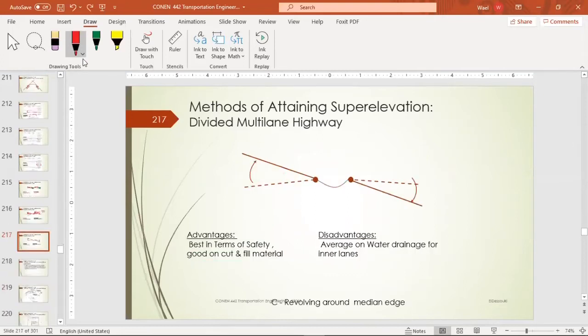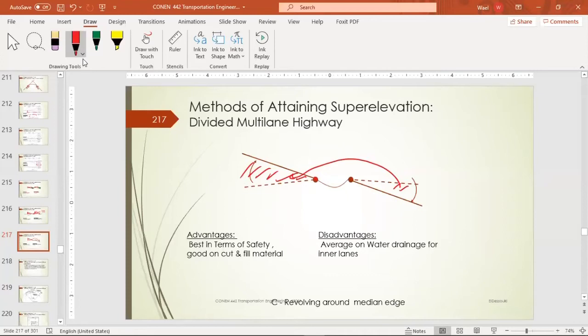If we go to this strategy, which is basically turning around the edge, this is best in terms of safety. Good on cut and fill, because what you cut from here, we use to fill here, so we don't have to transport.